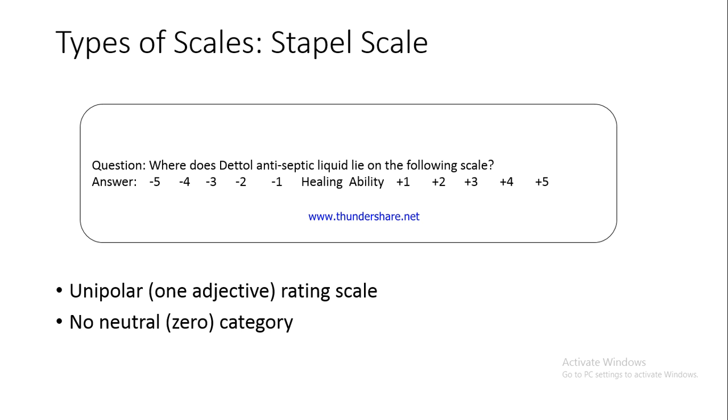So here he understands that he will have to mark his responses according to what he thinks about the healing ability of Dettol antiseptic liquid. So there is no zero, no neutral category.